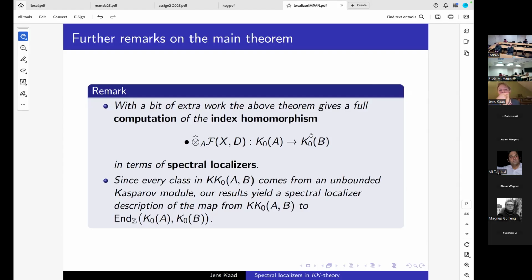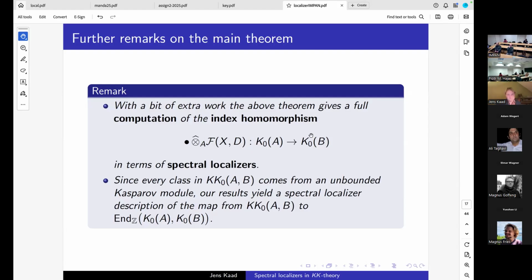But can this approach also say something about the surjectivity of the map from KK(A,B) to the homomorphisms? Since you have more information, or you can leverage more information, can you say something about the surjectivity, and then get an approach to the UCT? I don't know about that.